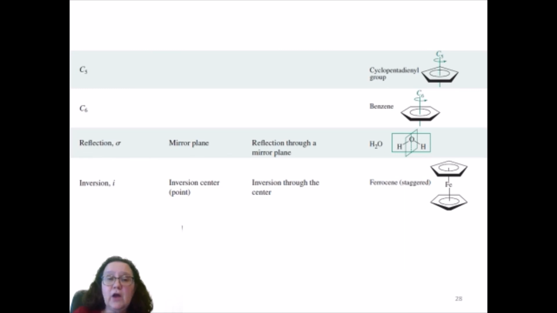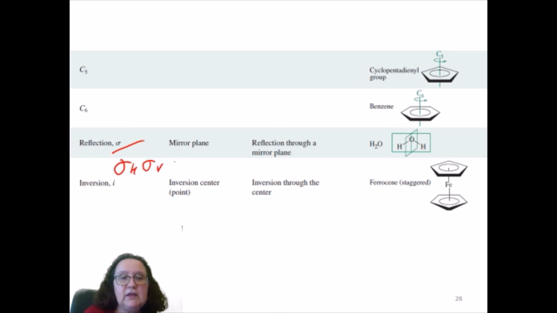You can also have mirror planes, sigmas, reflections through a mirror plane. And the molecule can have different types depending on whether they contain the principal axis, whether they are perpendicular to the principal axis, or whether they contain the principal axis and bisect 2 adjacent C2s. And we talked about sigma H, sigma V, and sigma D.